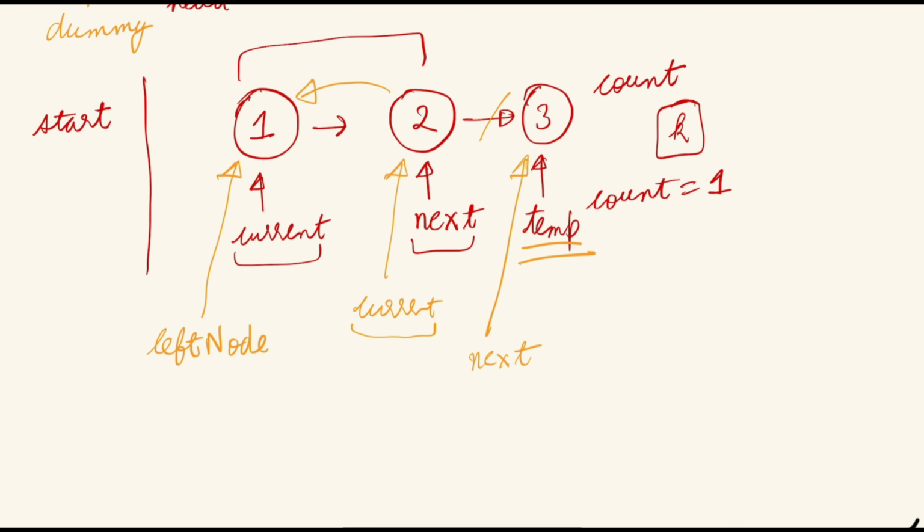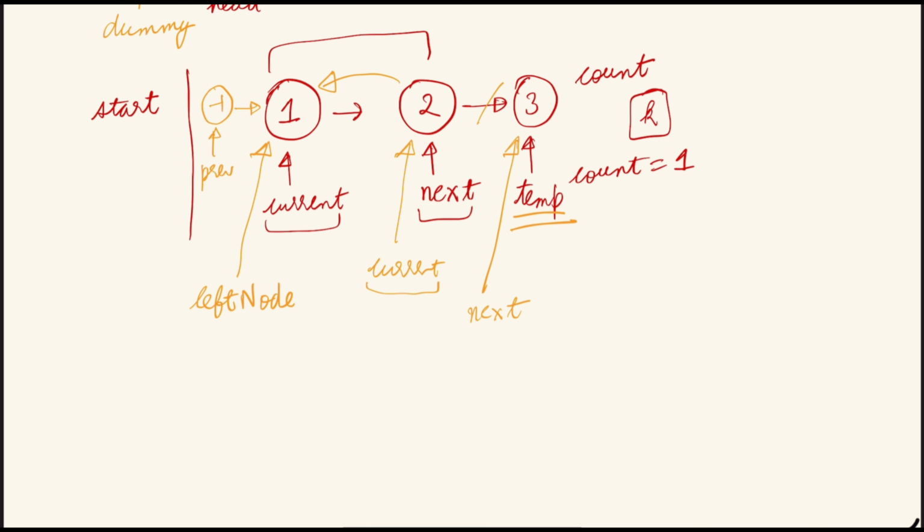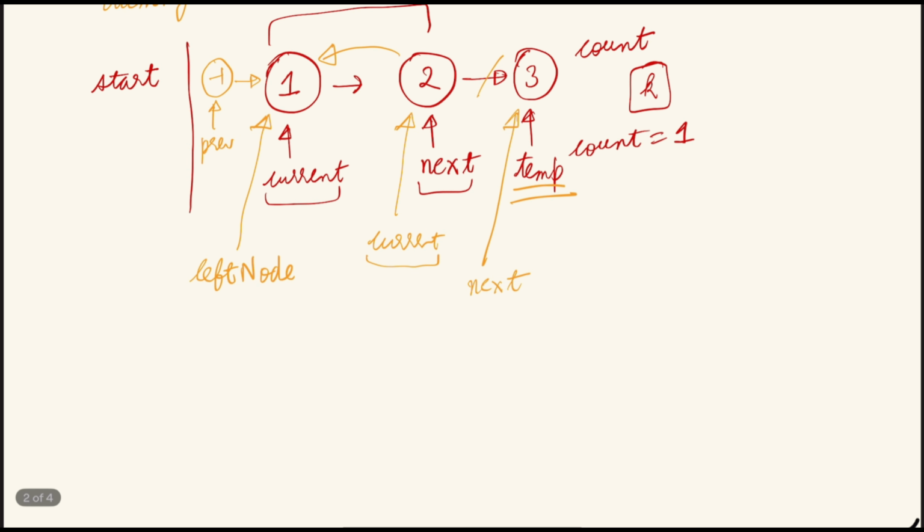So here we have the previous node, and we need to update this previous.next accordingly once we reverse this sublist from 1 to 2. So let's have a look at the next iteration. At the next iteration, count would be incremented, and now it's going to become 2.